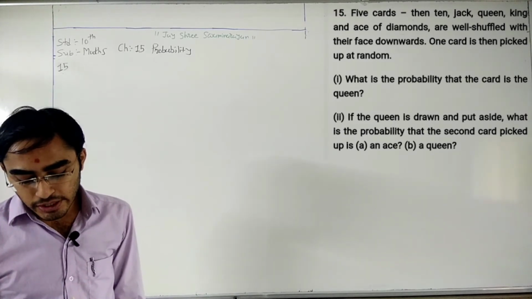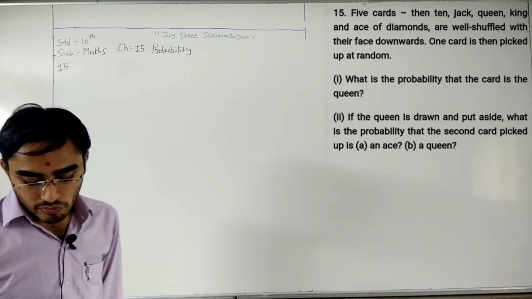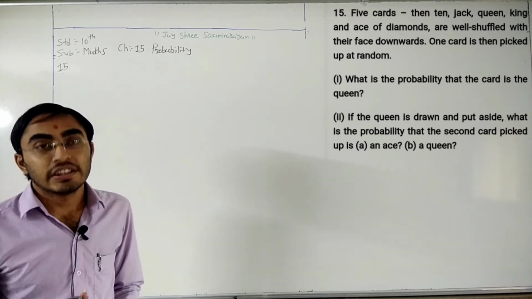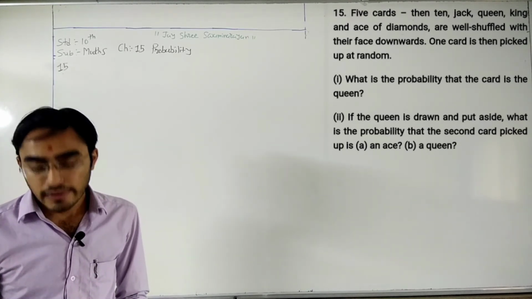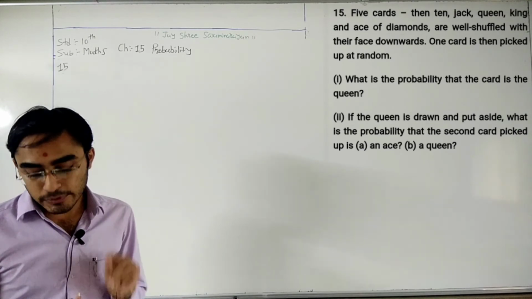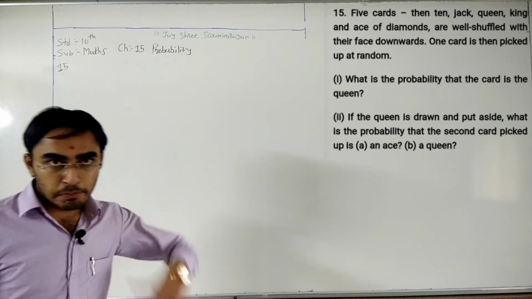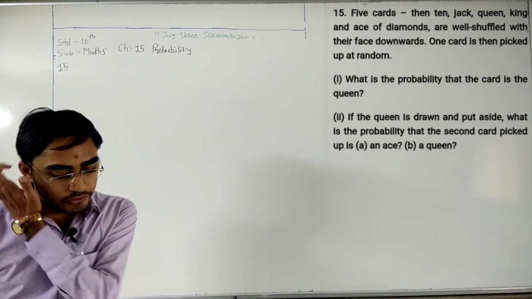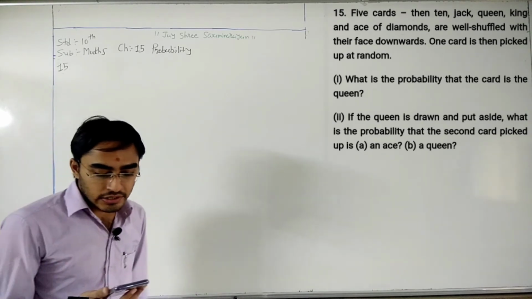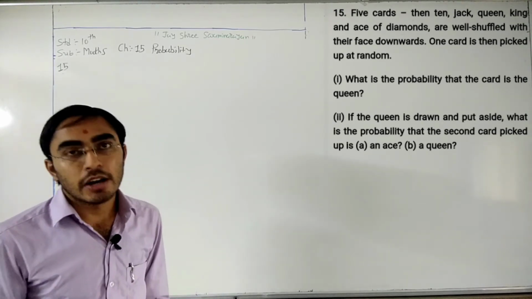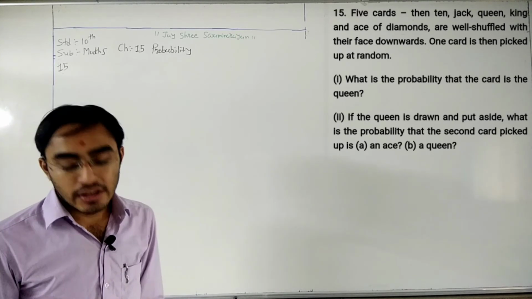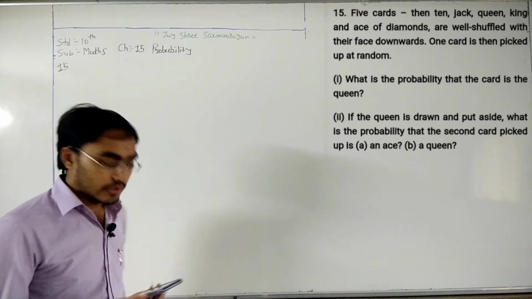One card is then picked up at random, what is the probability that the card is queen? Okay, and second question, if the queen is drawn and put aside, what is the probability that the second card picked up is an ace and a queen?